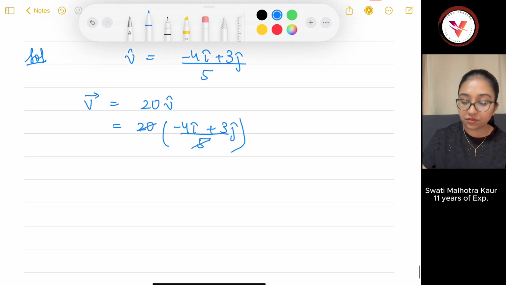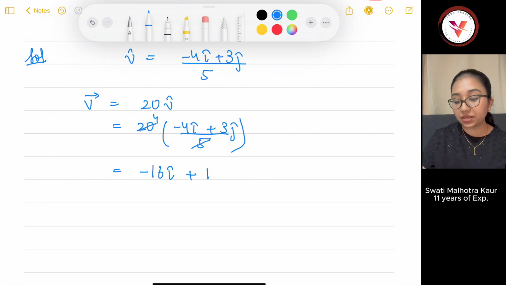And you can simply cancel, 5 4s are 20, and it gives you minus 16i cap plus 12j cap. Okay, so it's that simple.